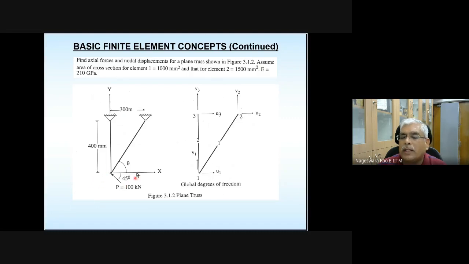Then what is going to be this theta? Theta is going to be measured from here, counterclockwise all the way here. Okay?